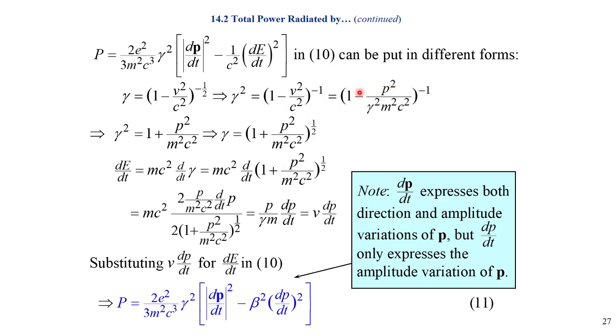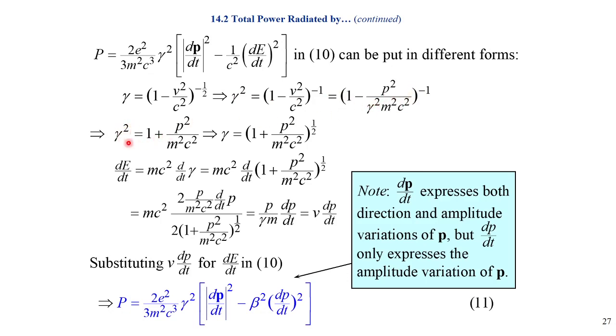Gamma p, 1 minus p squared over gamma squared m squared c squared. We replace v squared with p squared over gamma squared m squared. Okay, just a replacement. And then gamma squared can be written into this form. Not a surprise. We just rewrite these equations.